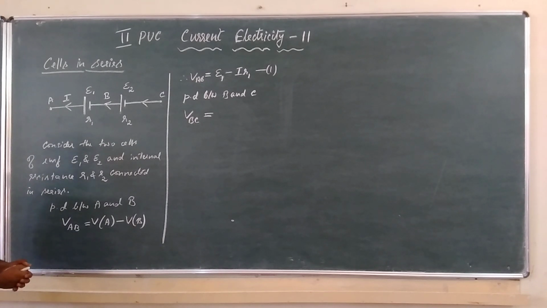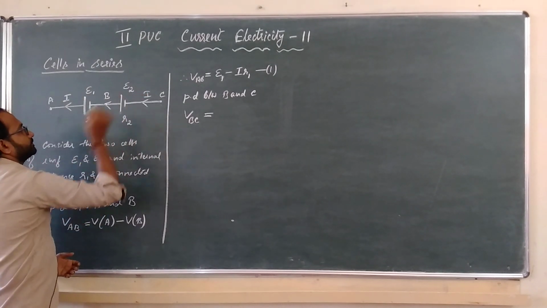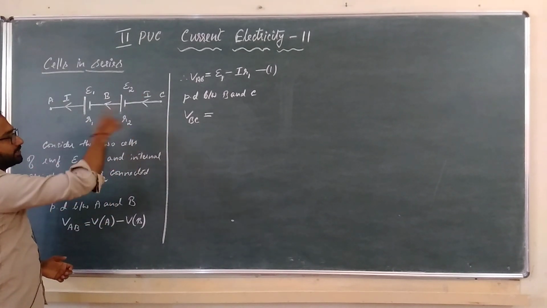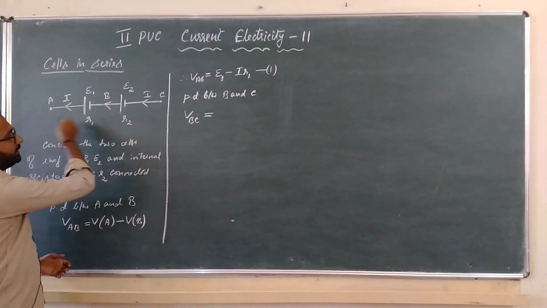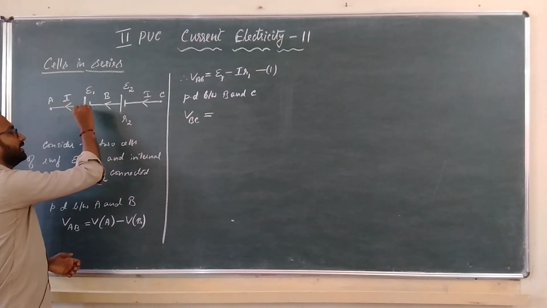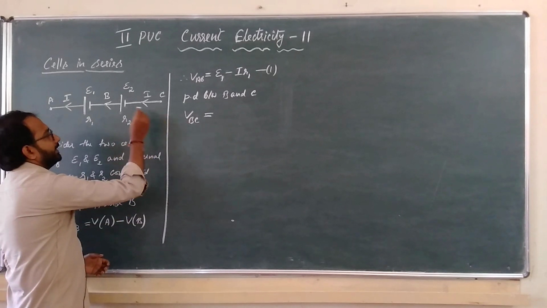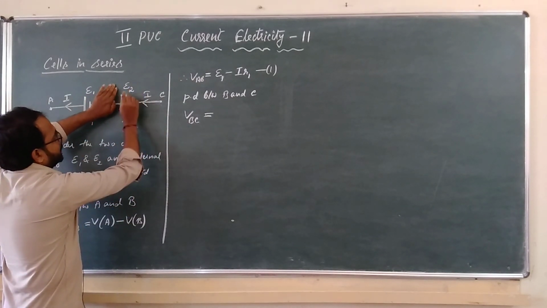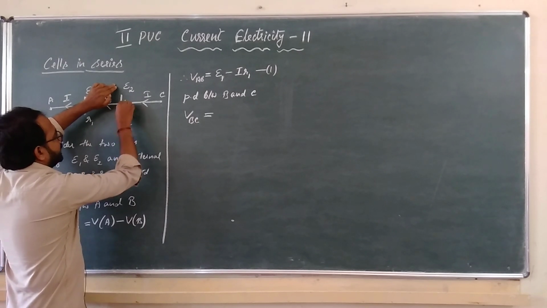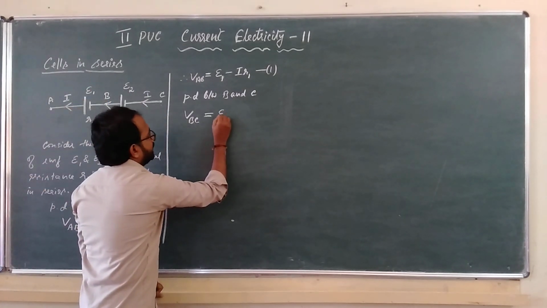Now in terms of the EMF of the second cell and the product of the current and internal resistance. So current flowing through the series combination is same, right? Current flowing through the first cell or the second cell is same, that is I. So therefore, while writing the EMF, now this is open circuit, this is the positive terminal, this is negative terminal, therefore plus E2.